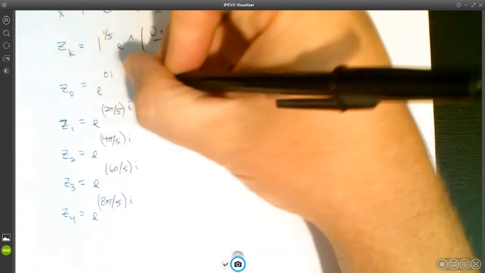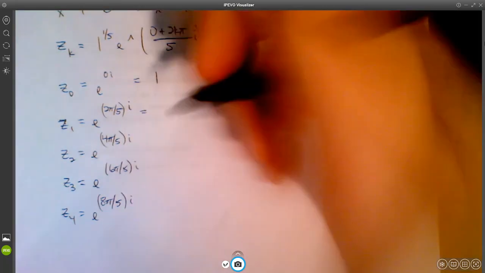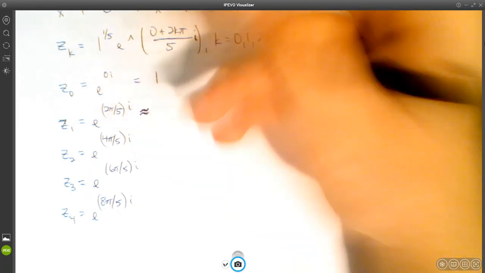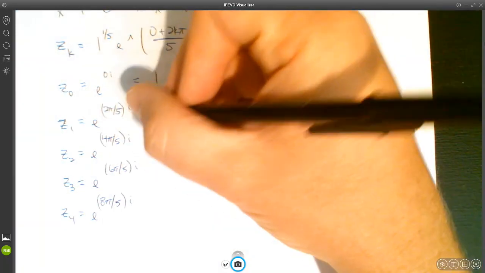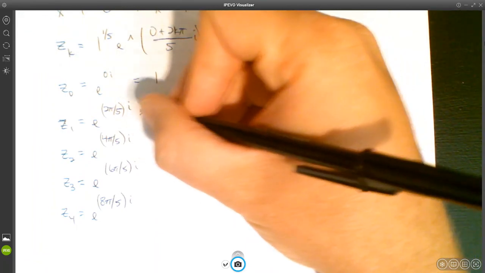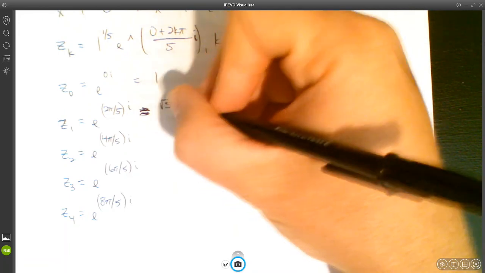Now e to the 0i is just 1. For e to the 2 pi over 5 i, I'm going to have to do approximations here, I think. Cosine 2 pi over 5. Actually, my calculator does give me an exact answer. I'm not exactly sure how it's giving me this answer, but it's telling me that this is exactly equal to root 5 minus 1 over 4.